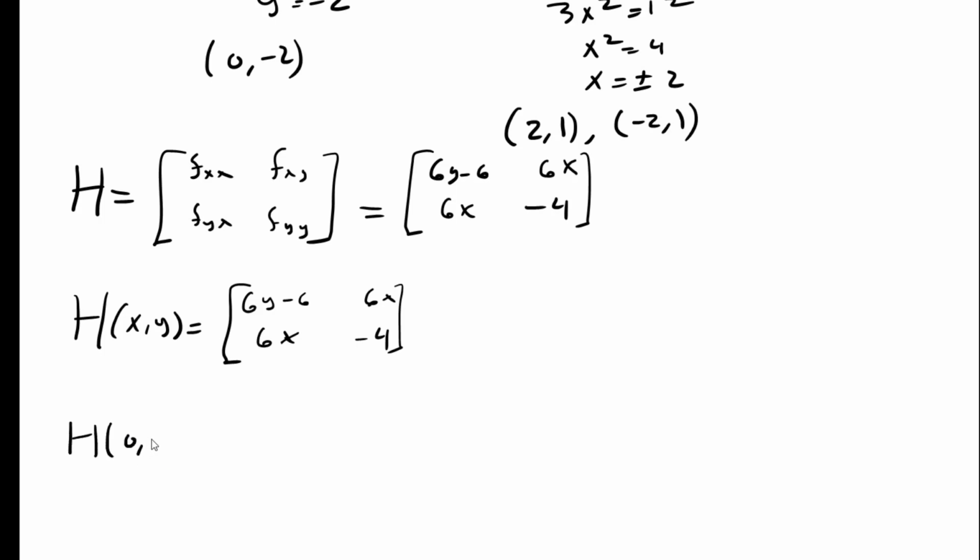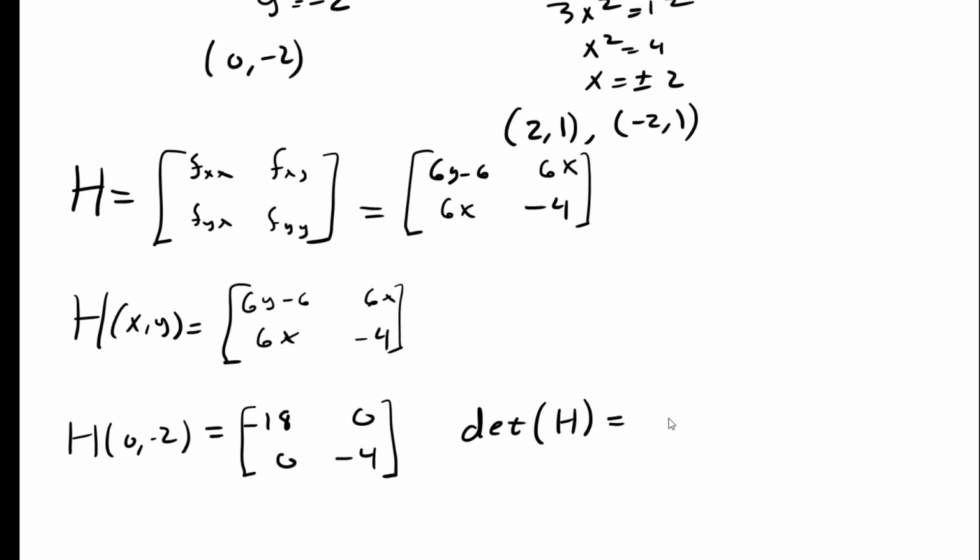At the point (0, -2), we're plugging in, minus 12, that's minus 18. We have 0, 0, minus 4. So we have that the determinant of H is negative 18 times negative 4.